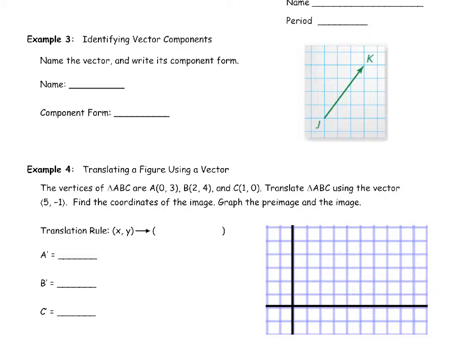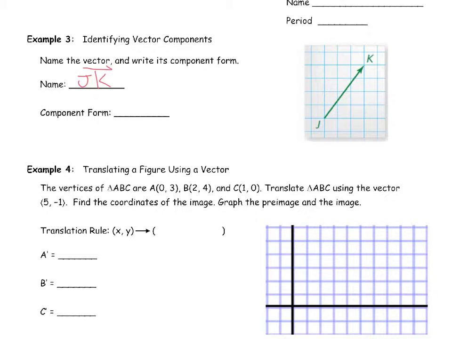All right, so next example, identifying a vector component. So we're going to name the vector and then write its component form. So the starting point is J, the ending point is K. So the name of my vector is going to be vector JK, and I'm very serious.